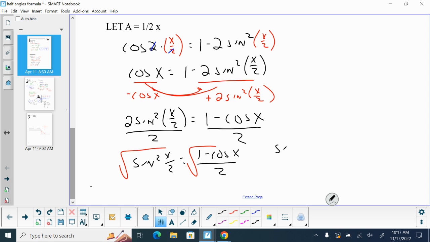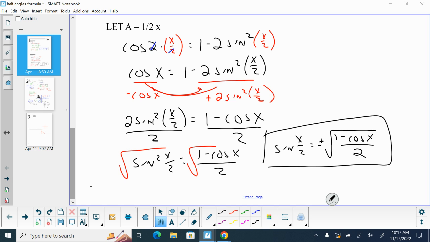So we're left with the sine of half x, x over 2, is equal to plus or minus square root of 1 minus cosine of x divided by 2. There's your half angle formula for the sine of a half angle.